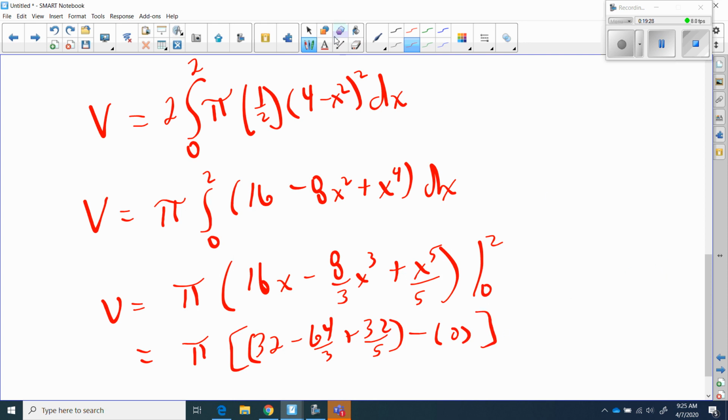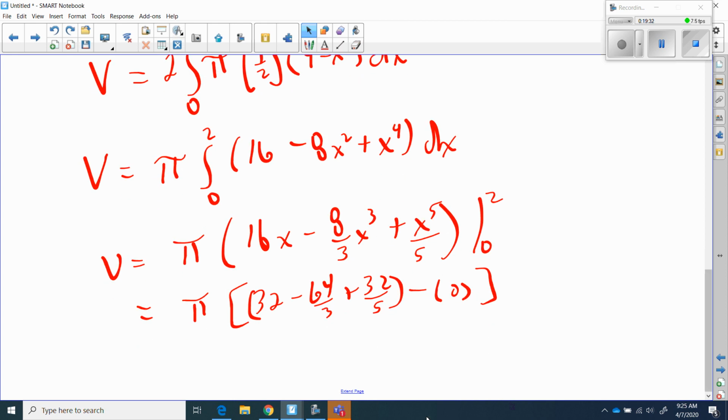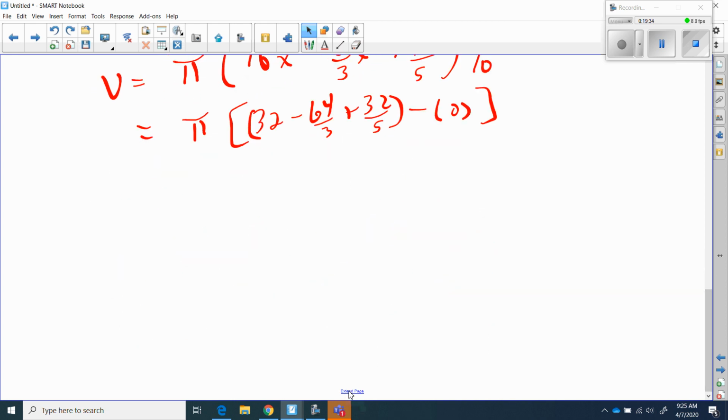Okay, so now we are going to keep going here. We're almost there. So I'm going to have pi, 3 and 5. So I need a common denominator of 15. Yikes, 32 times 15.